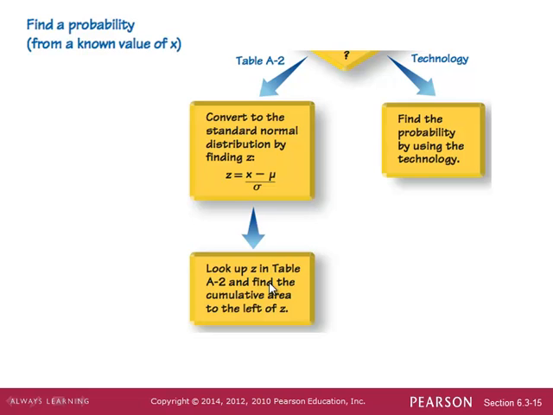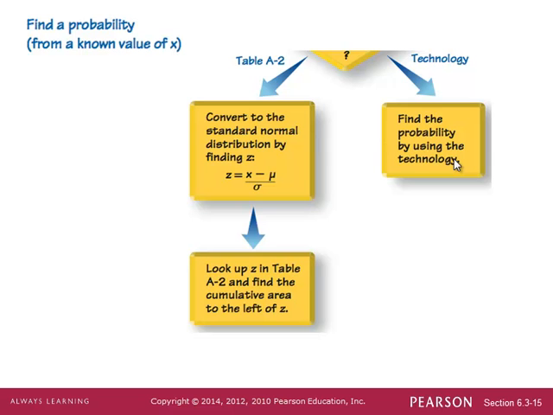And then look up in your z table to find the area under the curve to the left, and then adjust as appropriate. If you needed to find a greater than sort of probability, not a less than, then subtract from 1. Otherwise, use your graphing calculator. You could also look these probabilities up using Excel, in your textbook, and StatCrunch.